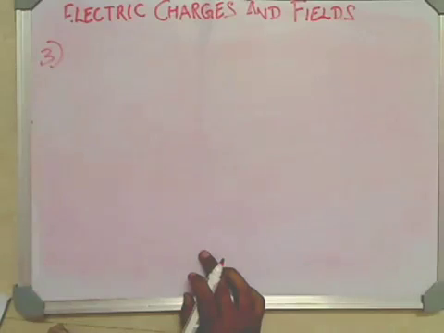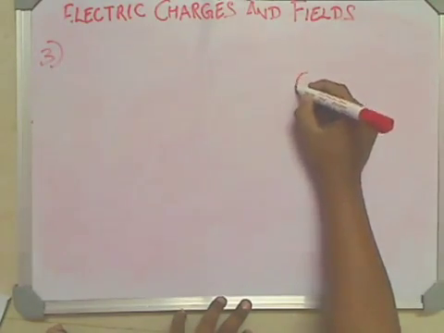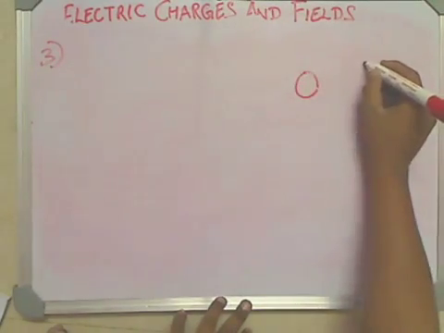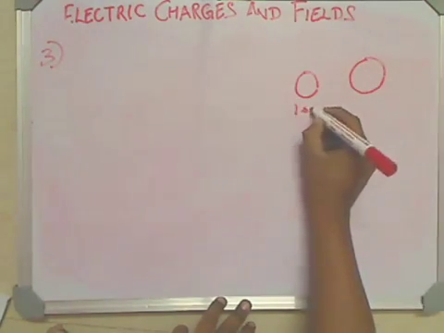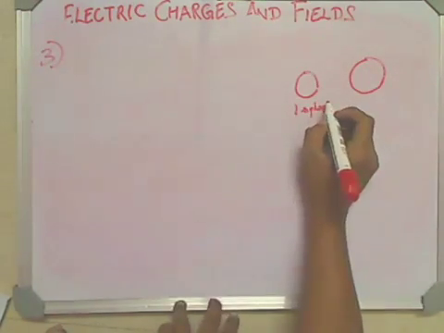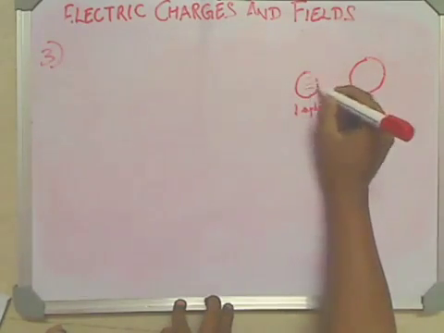Now, if you consider the first case, that is, the radius is doubled, what is the flux through the surface? Now, let's consider one sphere here and another one here. Now, this is the first sphere. The question says there is an electric flux here, that is, you have electric lines of force here.